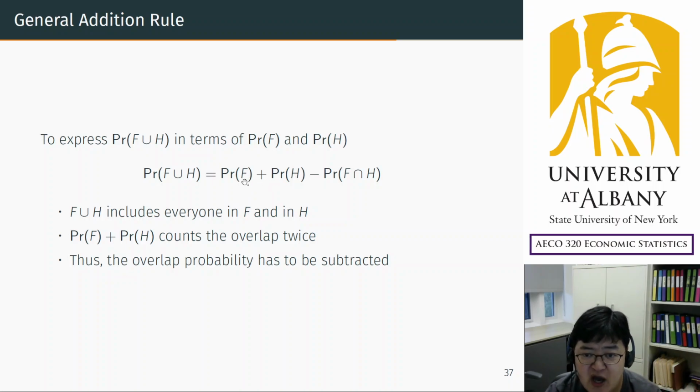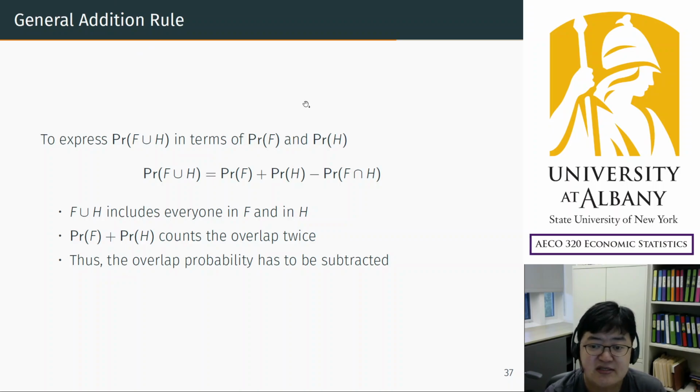Then when you add these probabilities, you are counting them twice. So you have to subtract them, and those are the intersection. This is the general addition rule.